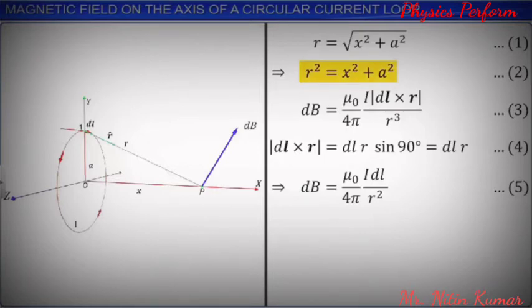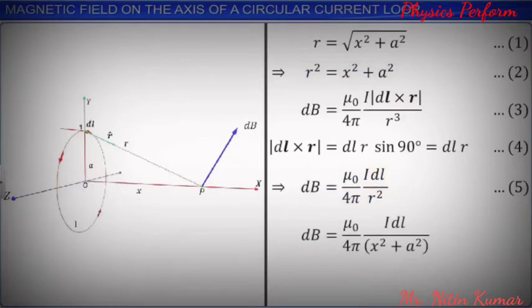On substituting this value in the expression for magnetic induction, we get the magnetic field at point P due to the small element dl of the current carrying circular loop as dB is equal to mu naught by 4 pi into I dl by x square plus a square. Let this be equation 6.